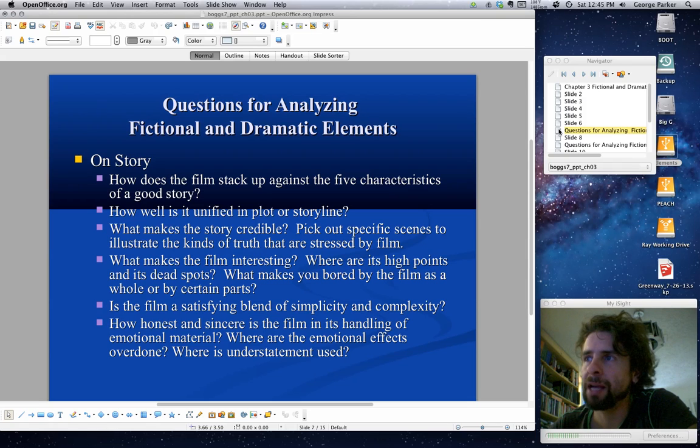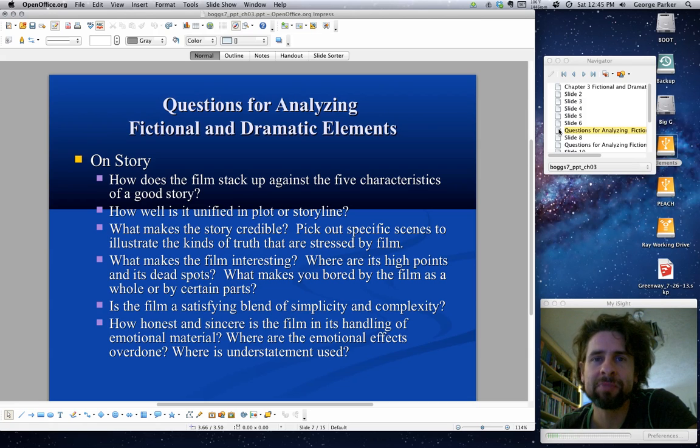Don't just say, how well is it unified in plot and storyline? Don't just write "well." Talk about it. What do you mean by whether it was unified or not? If it was, explain how it was unified, how you saw it to be unified.